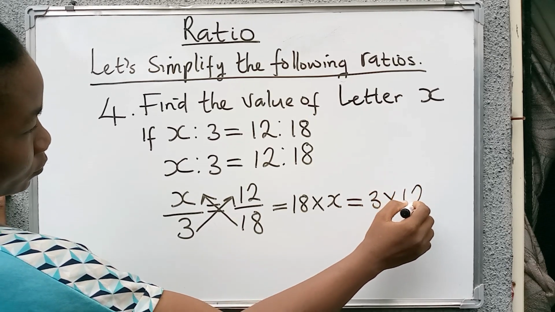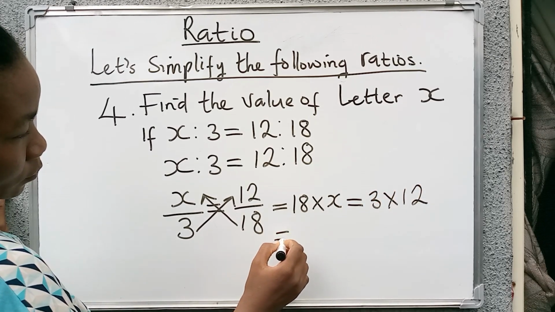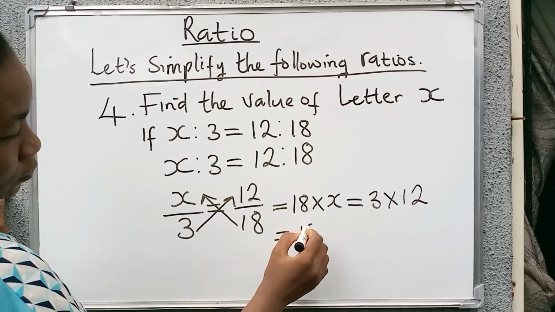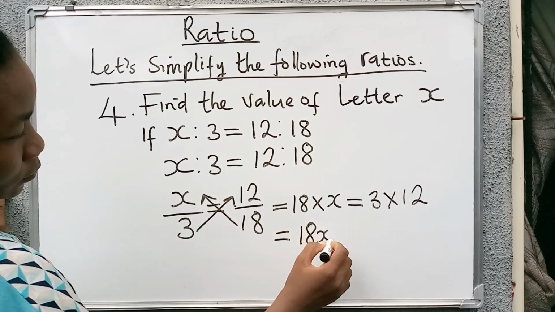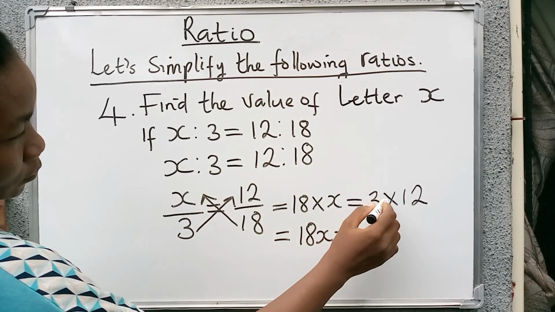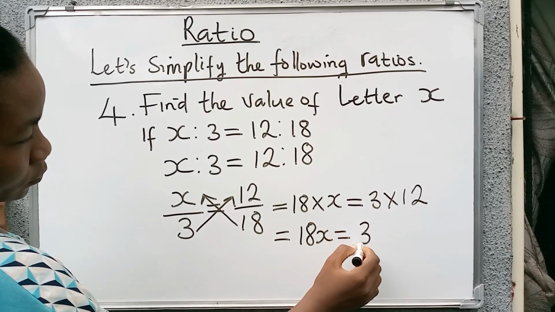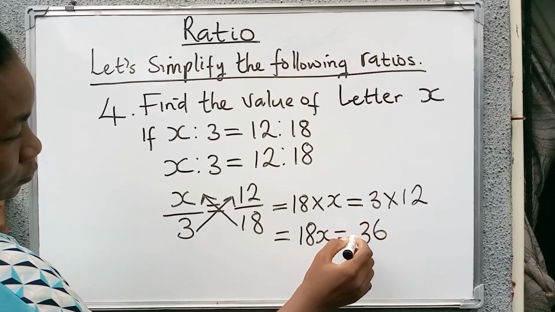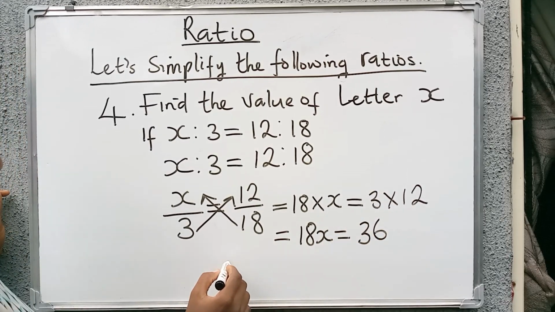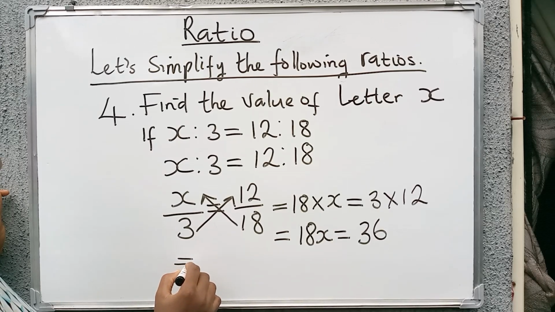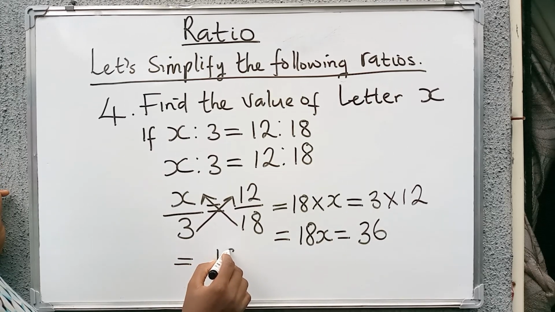Then we say 3 times 12. It will give us 18x is equal to 36. 3 times 12 gives us 36. So next, we divide both sides by 18.